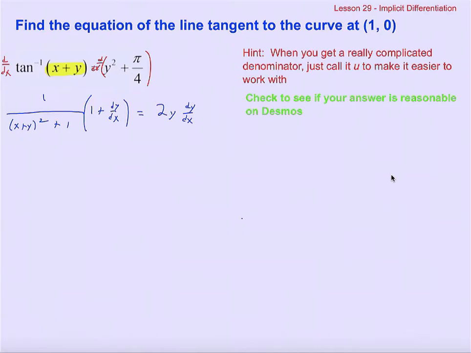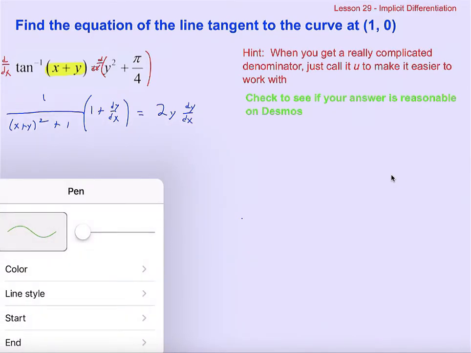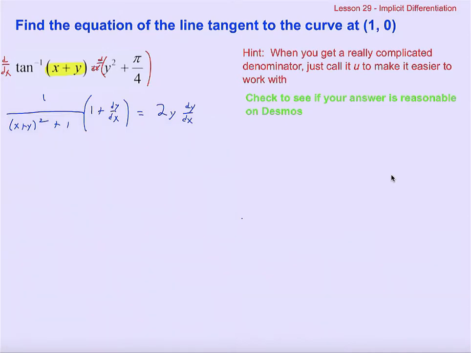Now, this whole thing down here gets to be a bit much. And it can get in the way if you think, oh, we're going to have to distribute by that whole thing. It just gets a little intimidating. So one thing you can do, a great strategy, is when things start to be complicated, you can just define for yourself a dummy variable, which will stand for (x plus y) squared plus 1.